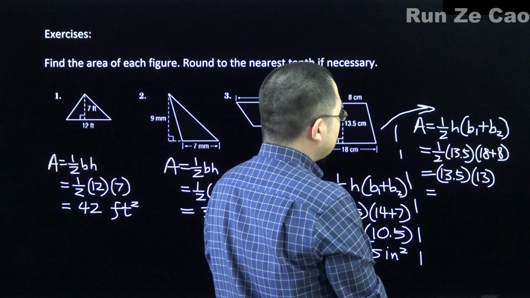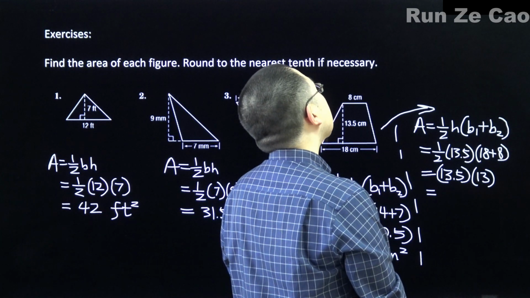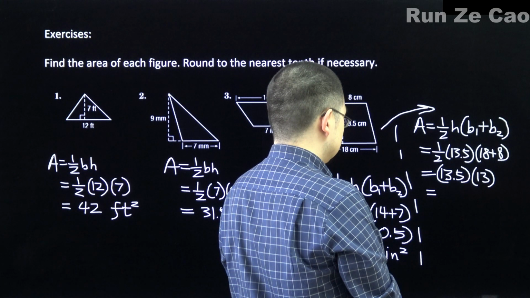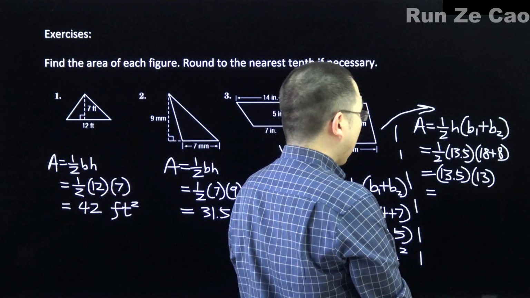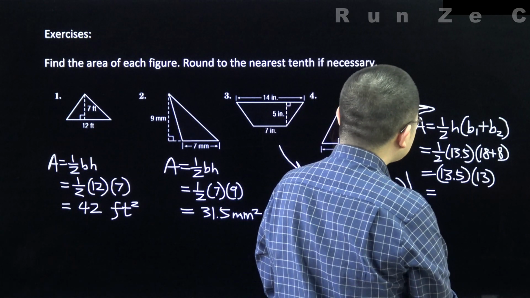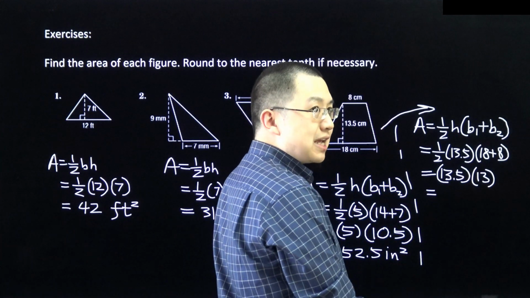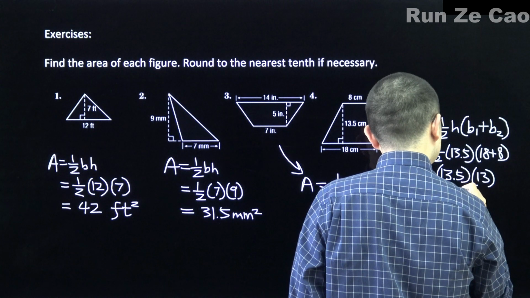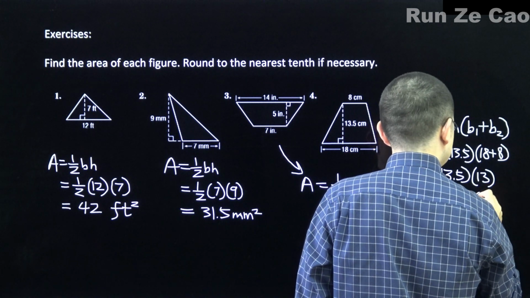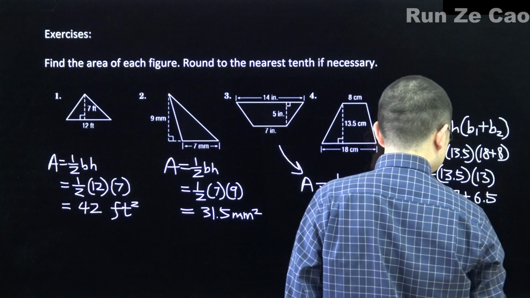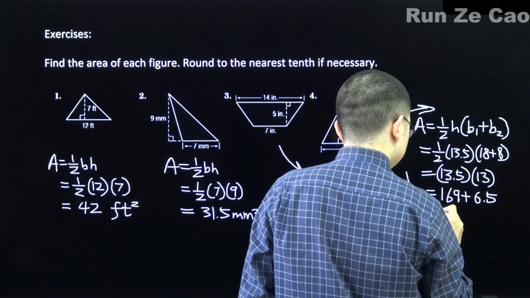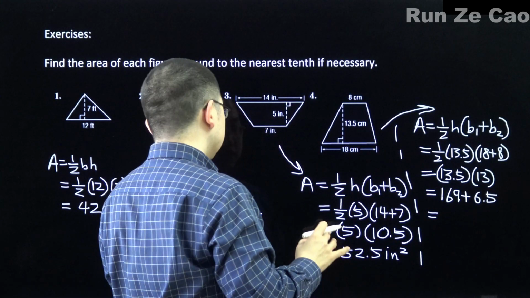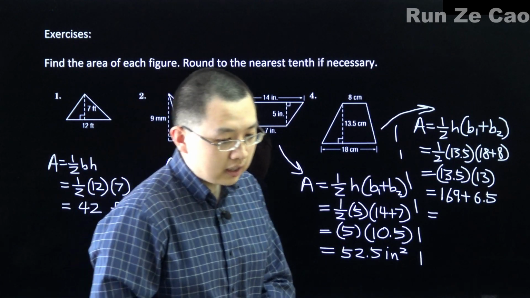So 13 by 13 is 169. Okay. And the 0.5 by 13 is 6.5. Look, it's good to have a calculator. It's good to know how to use your calculator.